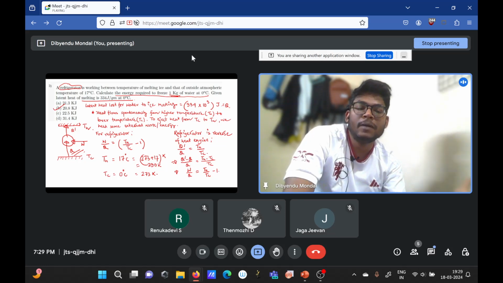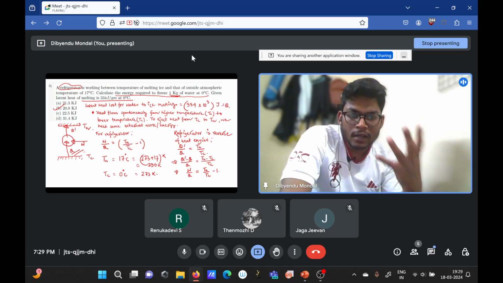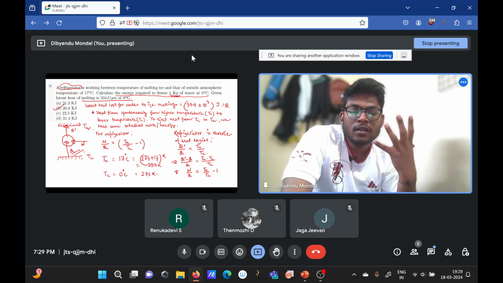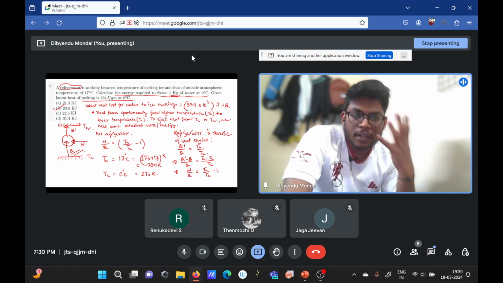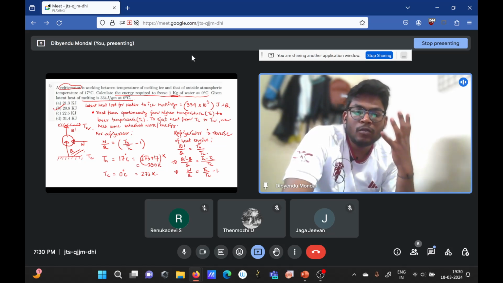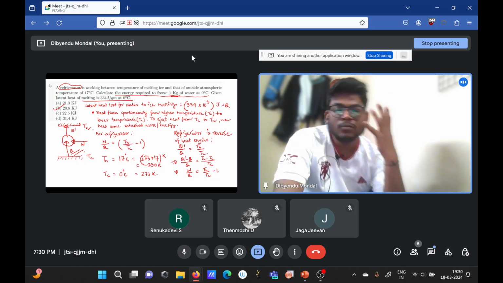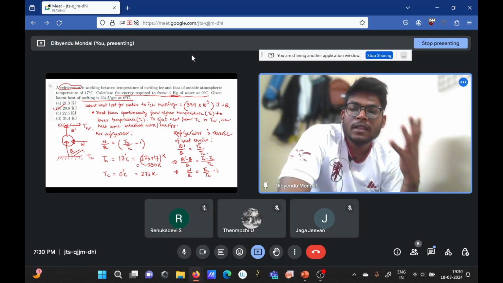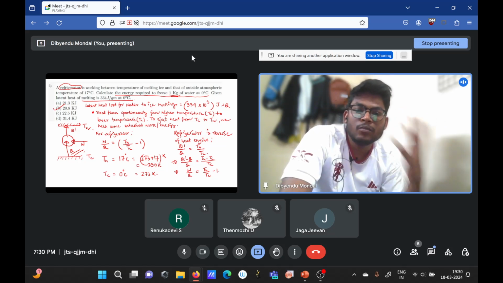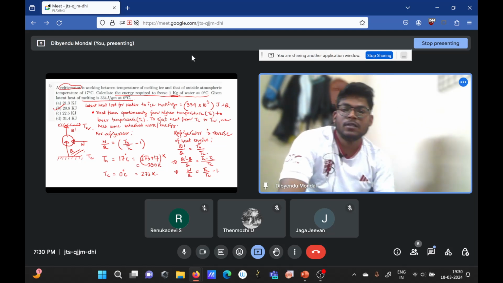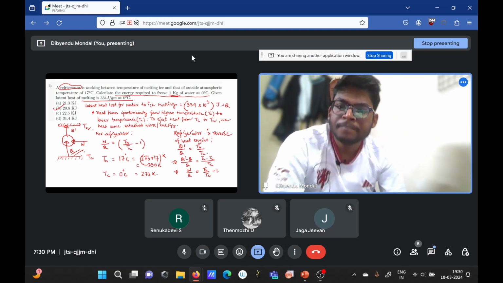First of all, what is temperature? Temperature depicts how much heat one system possesses. That is the meaning of temperature. If one object is at a higher temperature, its heat energy is more compared to the lower temperature one.